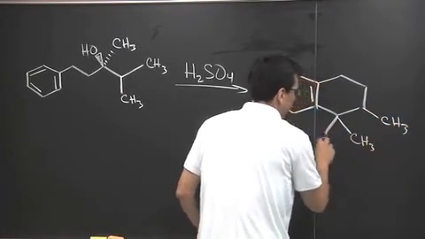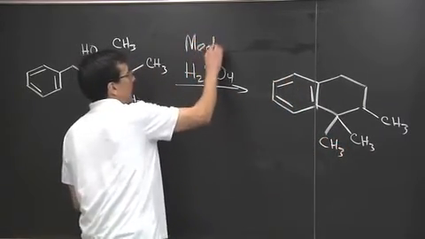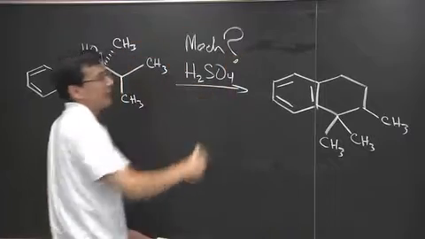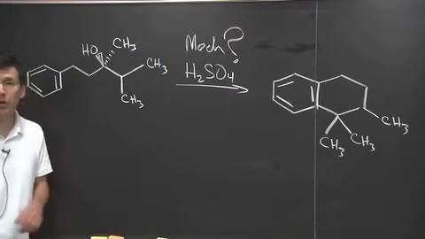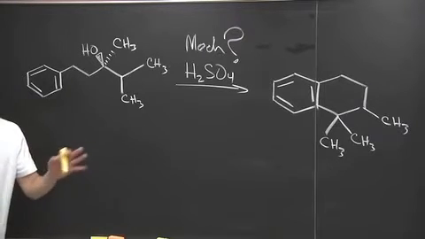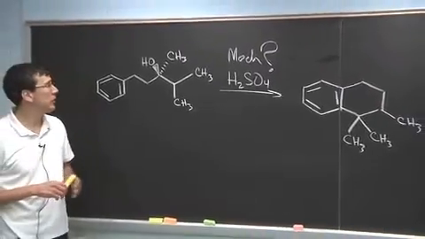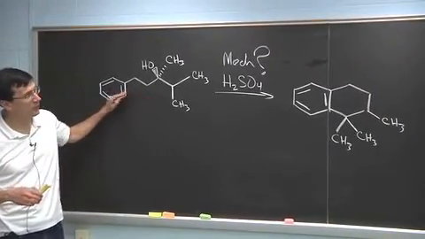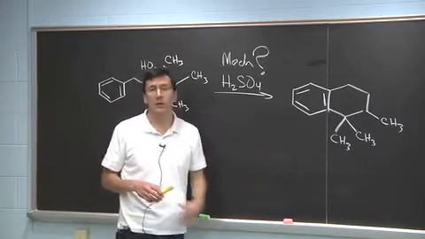And the question is, mechanistically, how does that happen? All right? So before you press pause on the video, I just want to remind you some strategic hints about solving mechanism problems. See if you can relate the components of your starting compound to the components of the product.